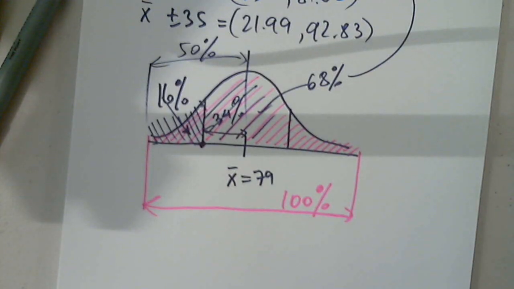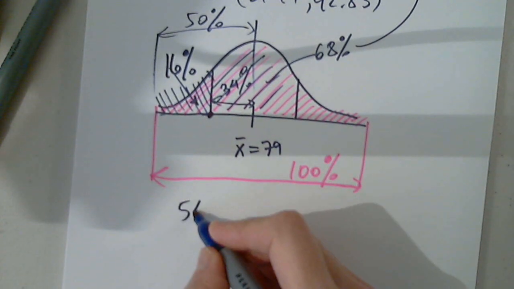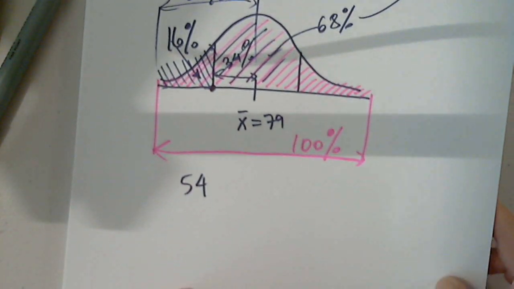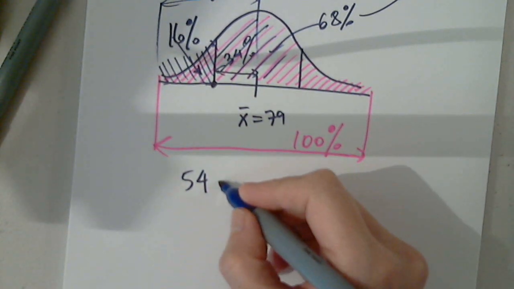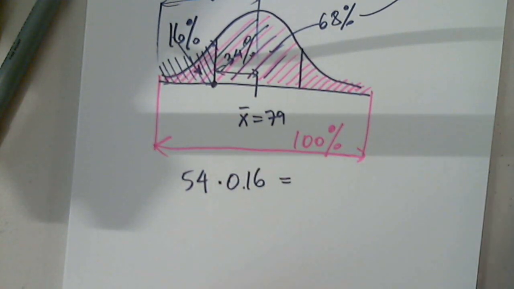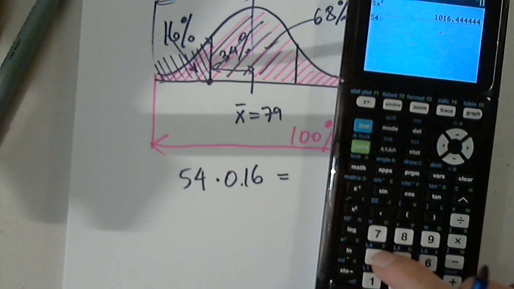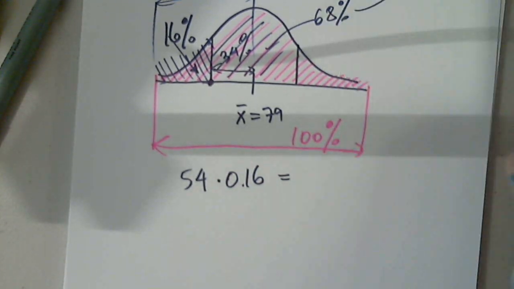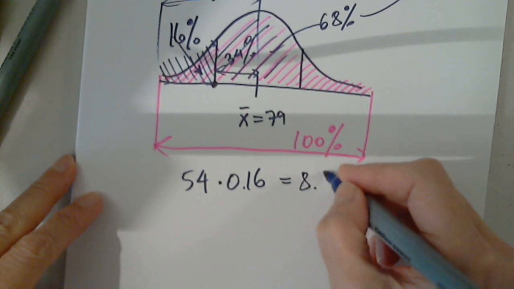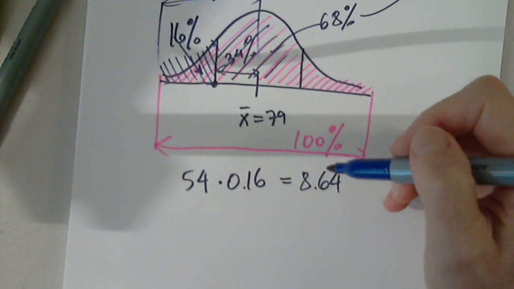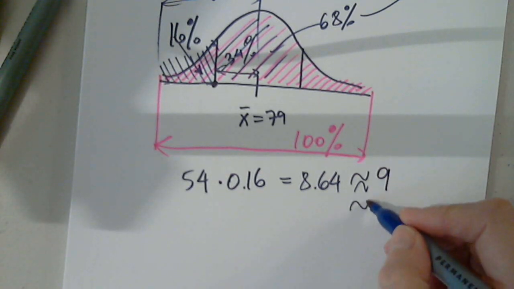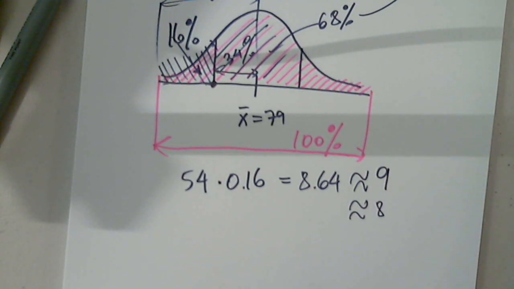So now we are going to multiply 54 observations by 0.16, and let's see what we get. 54 total observations multiplied by 0.16. I got 8.64. So roughly the 9th observation, or I can consider the 8th observation, is where I have to start counting.